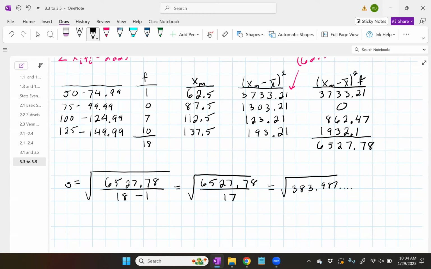There are more digits here, I'm just not writing them down. The square root of 383.987, I get about 19.6.